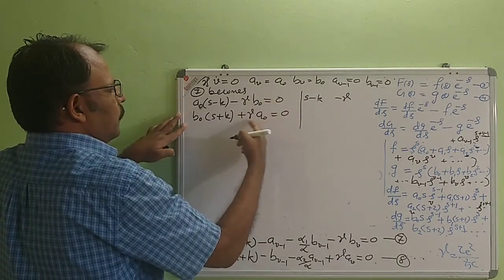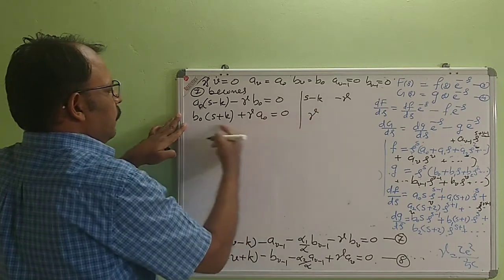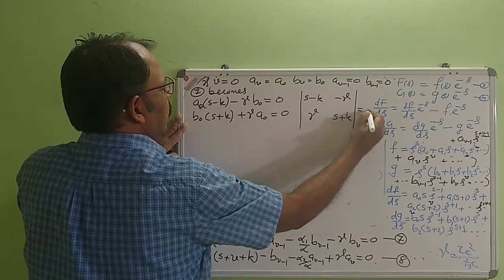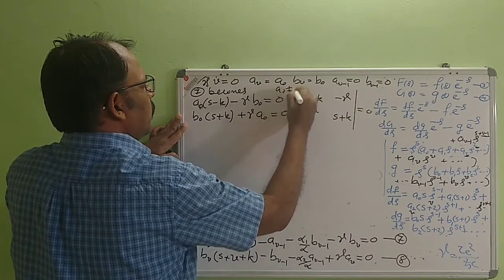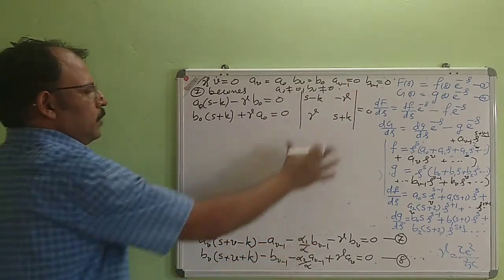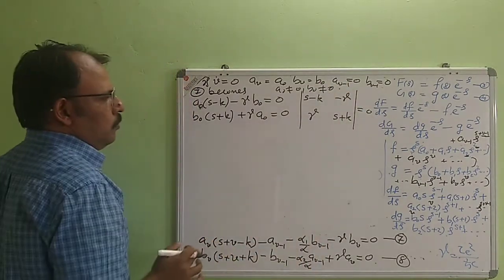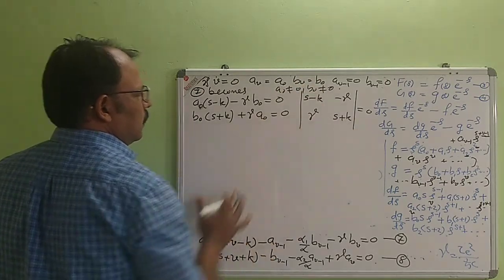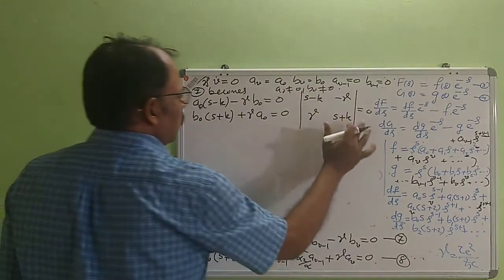In the second equation, the coefficient of A0 is gamma, the coefficient of B0 is S plus K. We will have A0 not equal to 0, B0 not equal to 0 only when this determinant equals 0. So non-trivial solutions for A0 and B0 exist only when the determinant of the coefficient matrix is equal to 0.